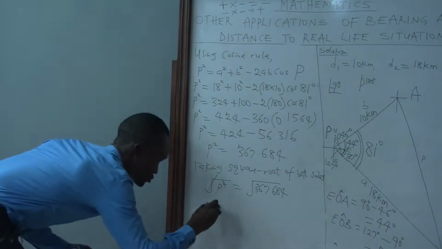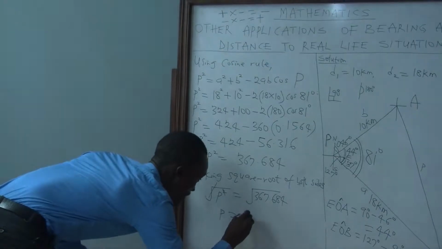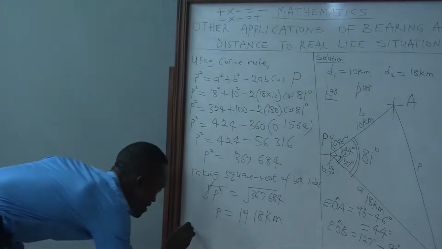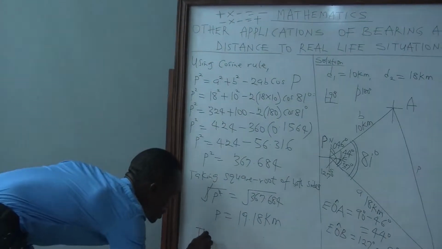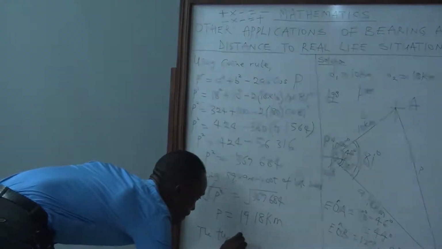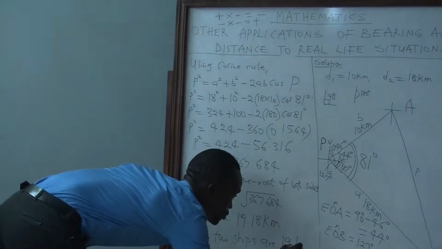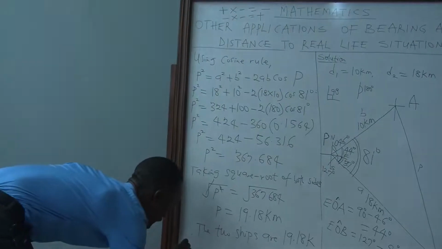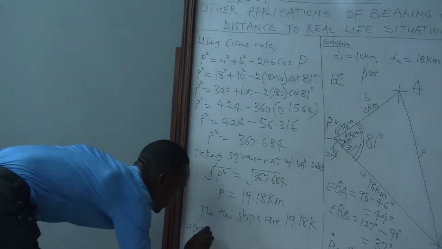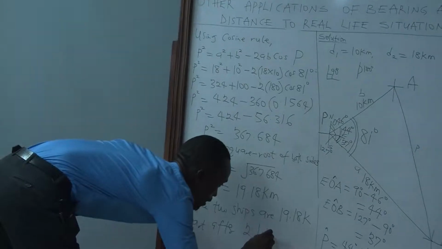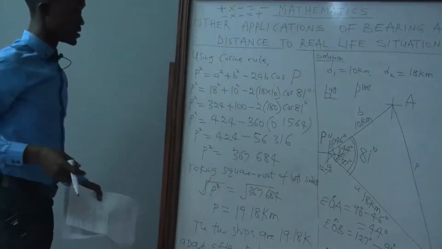Square, we cancel square root, then we have P to be 19.18 kilometers. Therefore, the two ships are 19.18 kilometers apart after 2 hours. And that is the solution.